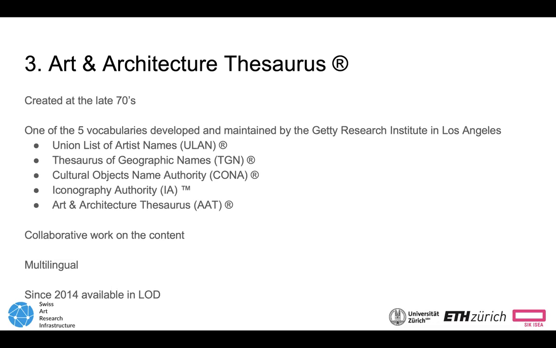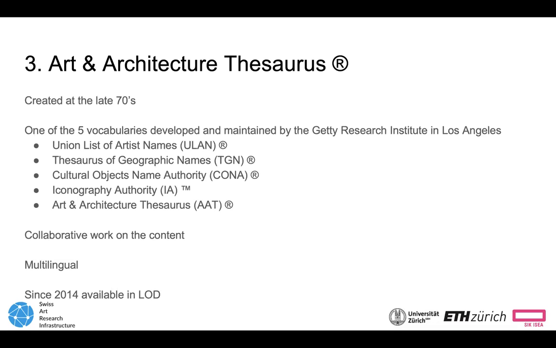Internationally, there exists one thesaurus specialized in art and architecture. It is AAT. The work on the AAT began in the late 70s. The need first came from the art libraries and art journal indexing services. They were beginning to automate their cataloging and indexing procedures.